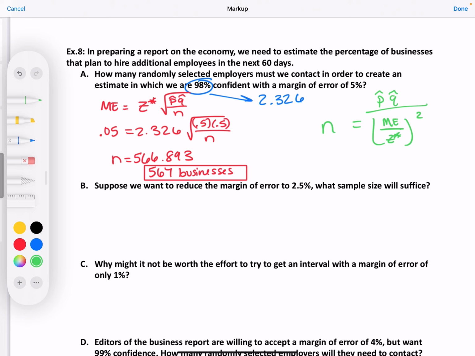So suppose we want to reduce the margin of error to 2.5%. What sample size will suffice? So if we cut the margin of error in half, what happens to the number of people if this number is cut in half?